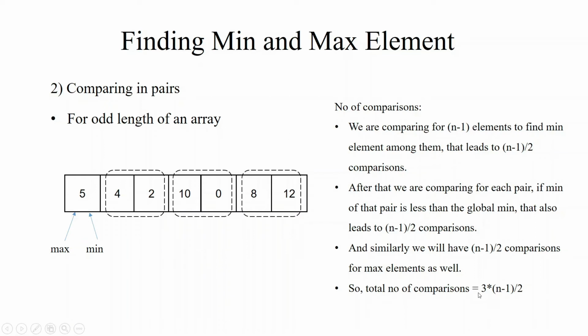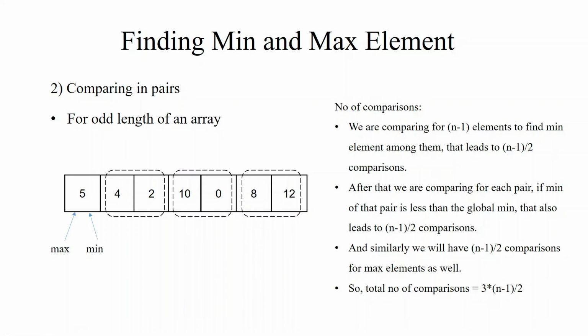So we have a total of 3 into n minus 1 by 2 comparisons, which is less than the previous, where we are making 2 into n minus 1 comparisons. Here we are making 1.5 into n minus 1 comparisons. So this is slightly better than the previous algorithm. Now both algorithms will run in order of n, because we are making order of n comparisons.